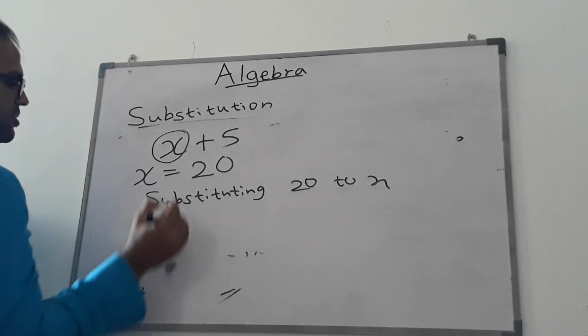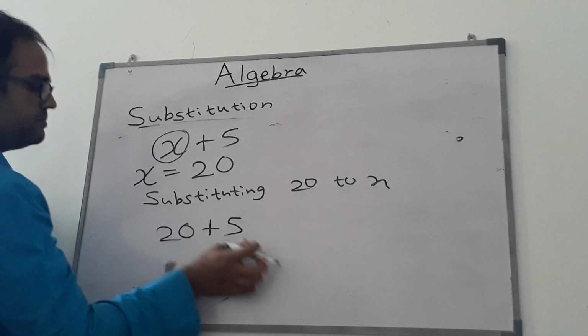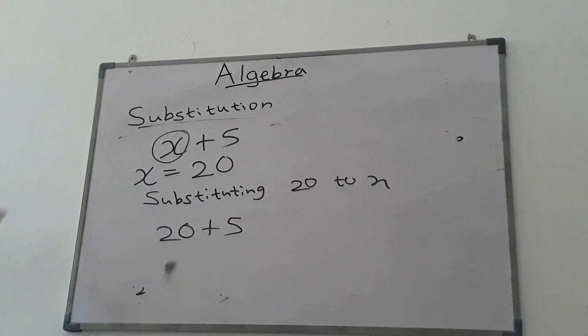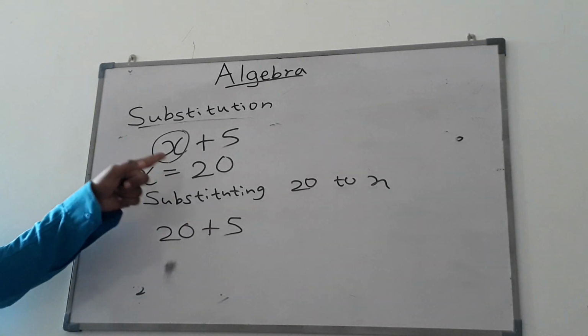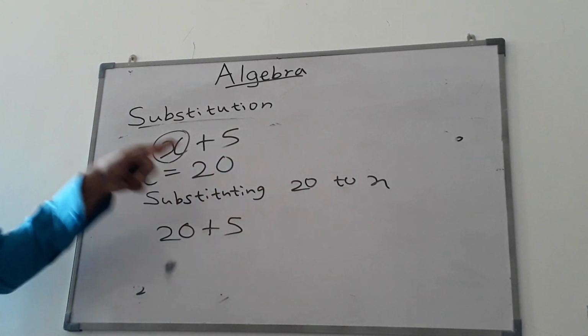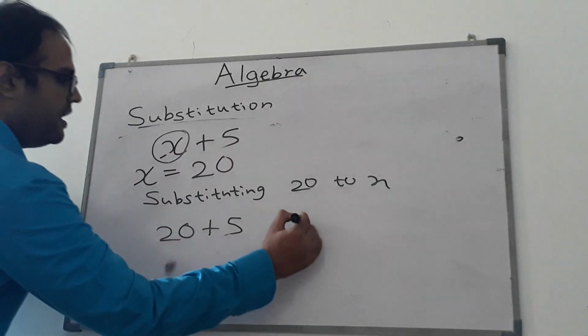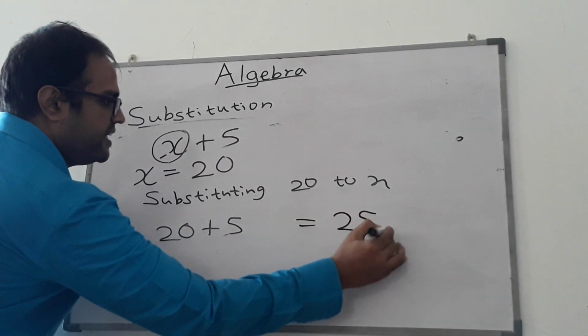Instead of x, I am going to write 20 plus 5. So x plus 5 means 20 plus 5, because instead of x we can write 20. Substituting 20 to x means instead of x I write 20, so x plus 5 means 20 plus 5, answer is 25.